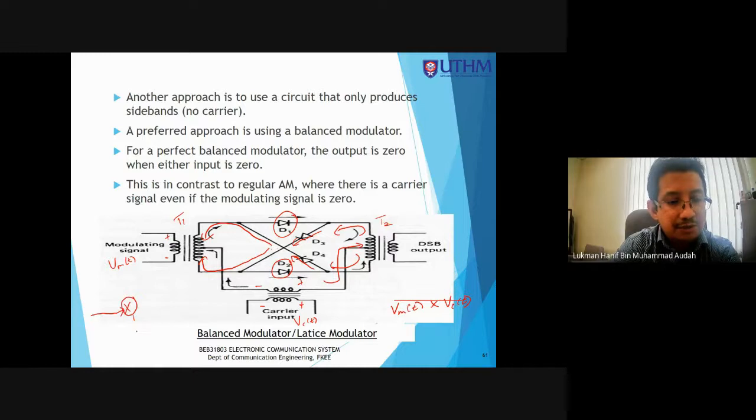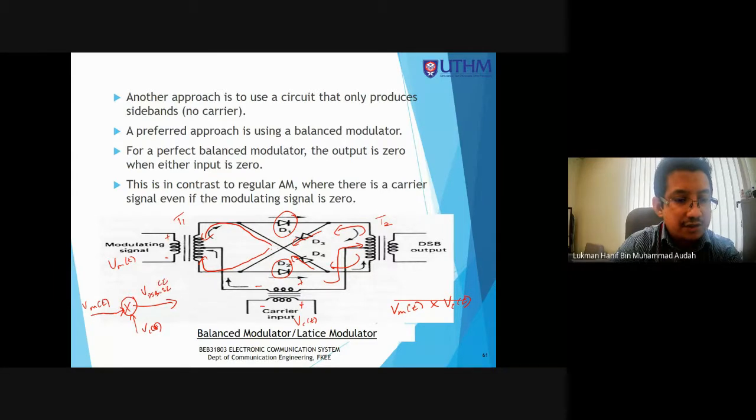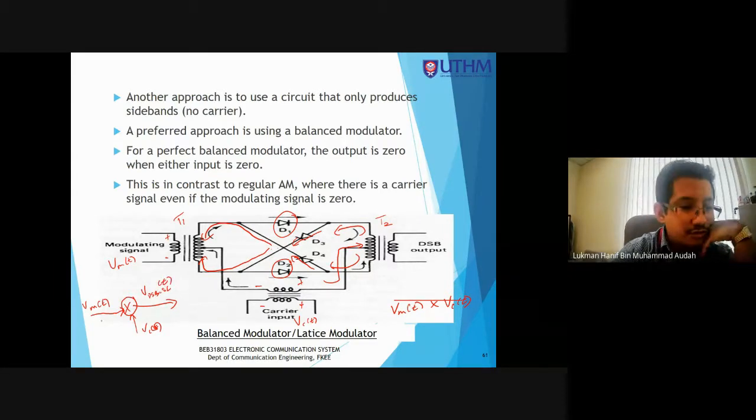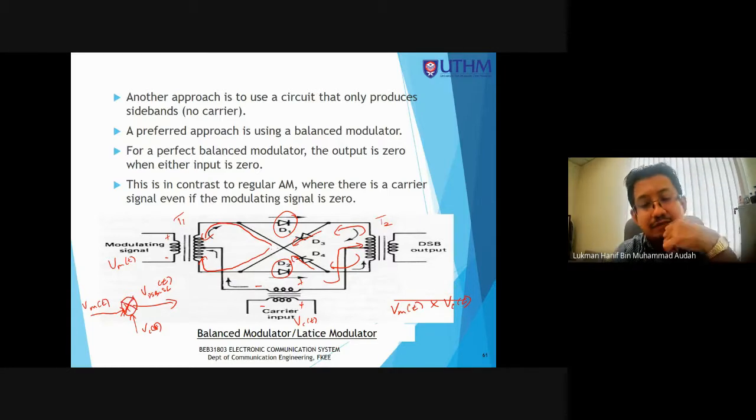Block diagram dia macam ni. Okay, so this is VMT, this is VCT, dan di sini adalah VSSB, function of time. Simbol X ini sebenarnya melakukan proses darab. Nanti kita akan lihat macam mana hasilnya.